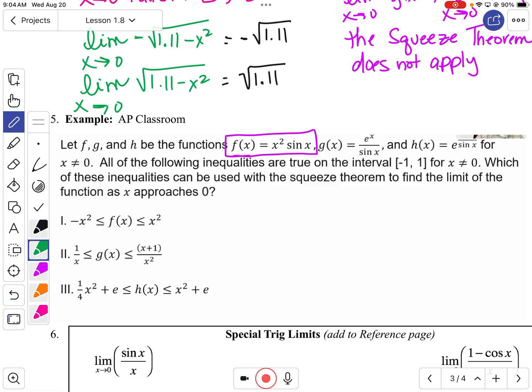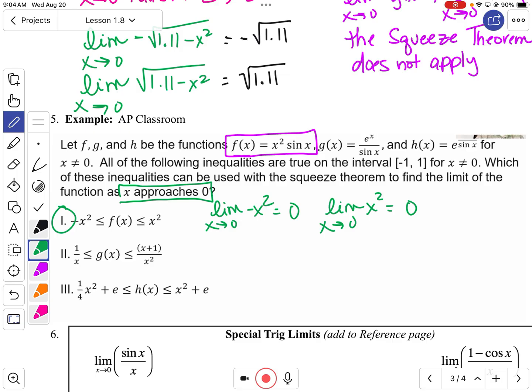Well, what are they asking me to approach? 0. So we're going to start by doing the limit as x approaches 0 of the lower bound, and the limit as x approaches 0 of the upper bound. Will I get the same value for those two? Yes. So is the first one doable by the squeeze theorem? Yes.